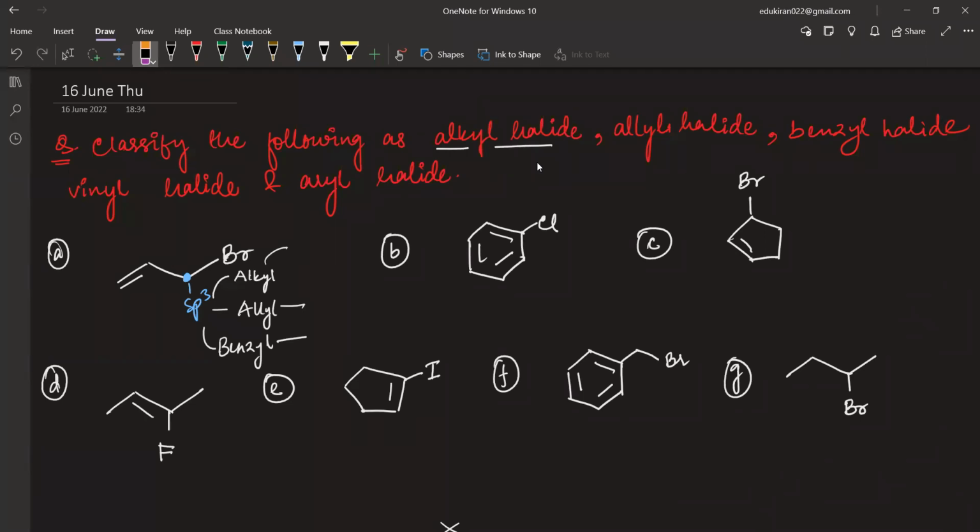This is for everyone who is a bit confused about this alkyl, allyl, benzyl, vinyl, and aryl. Any conclusion? Alkyl halide, sir. Okay. Did you look at all the definitions? What is the definition of allyl halide?